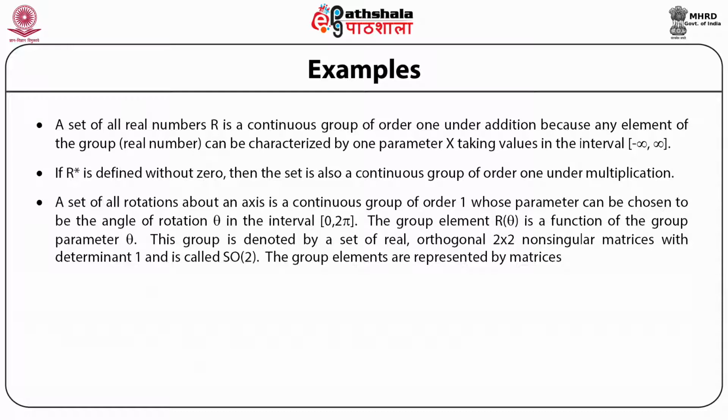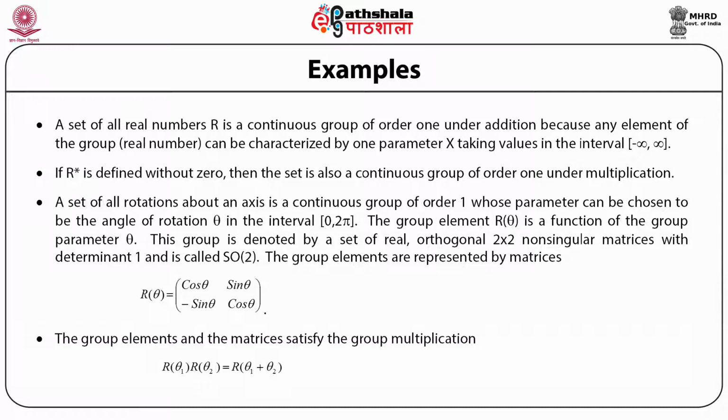The group elements are represented by the matrices R theta, given by a 2 by 2 matrix with entries cosine theta, sine theta, minus sine theta, and cosine theta, which, if you remember, represents a rotation by an angle theta in the xy plane about the z-axis, which takes a vector in two-dimensional space xy to x prime y prime.